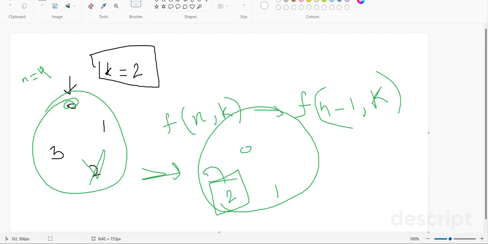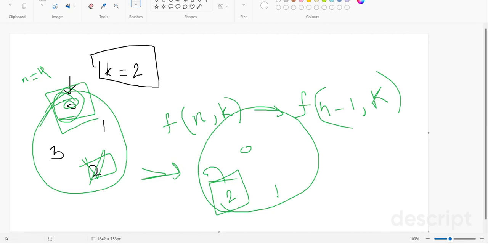So we just need to add k to it, right? And this position becomes our answer. And yes, we need to take a mod with the size, because 2 plus 2 will be 4, and 4 mod 4 will give us the index 0.